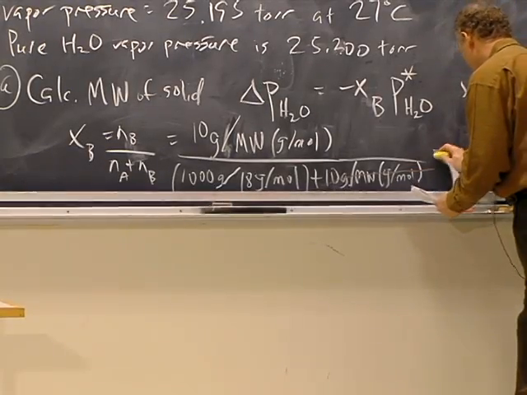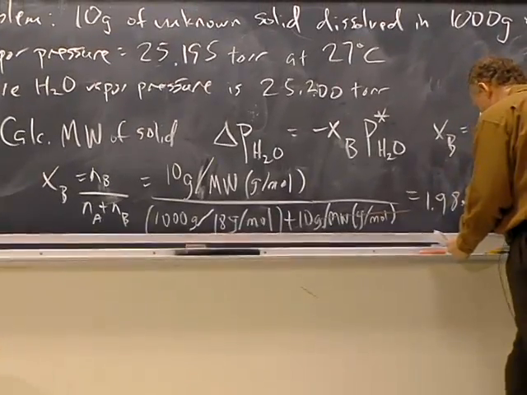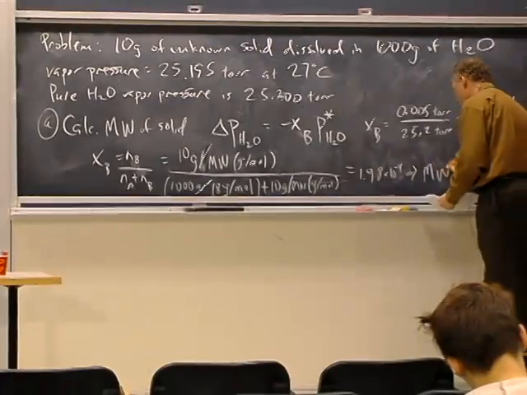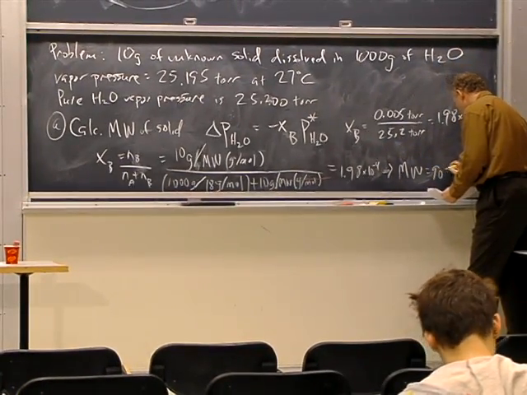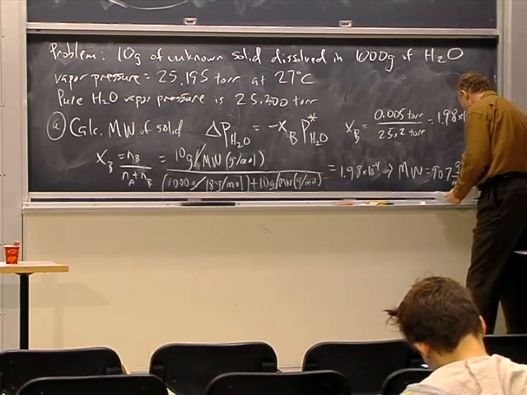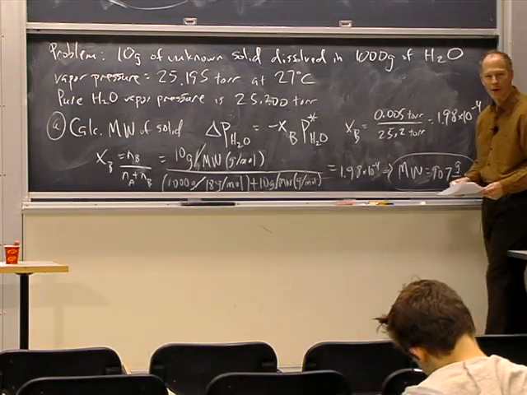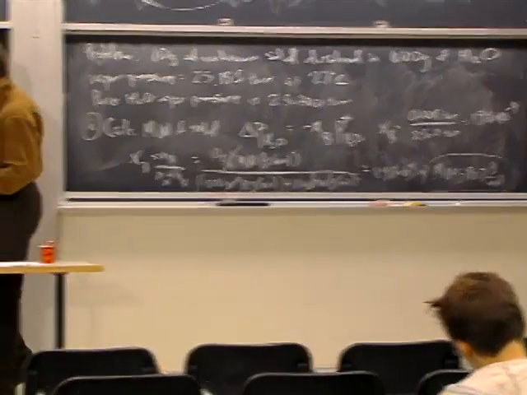Well, so this turns out to be our 1.98 times 10 to the minus 4. And if we solve for molecular weight, then we wind up with 907 grams per mole. Okay, so that's using one of the colligative properties that you saw last time.